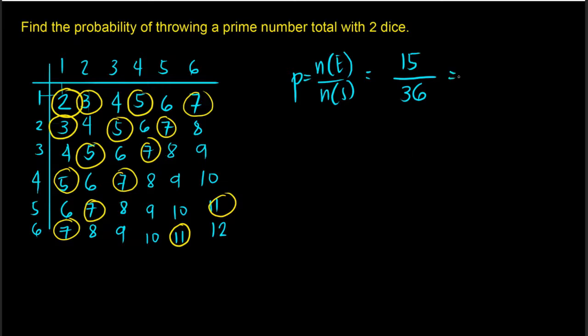Now, 15 over 36, the lowest terms for that is 5 over 12. For the decimal, 5 divided by 12 is 0.4167, or in percentage form, that's 41.67%. Okay.